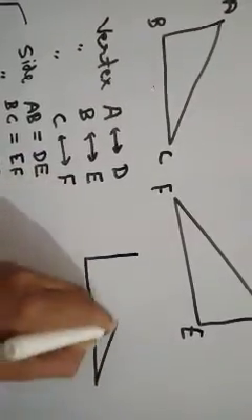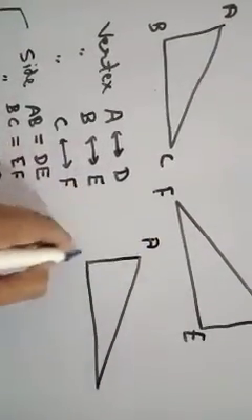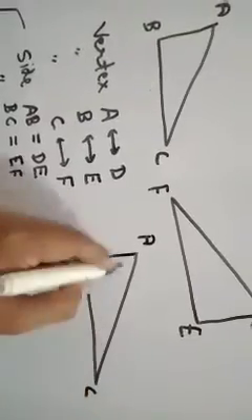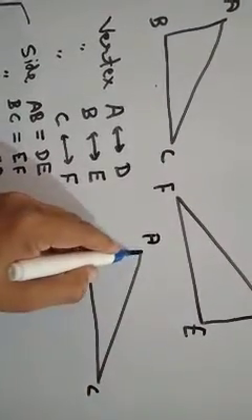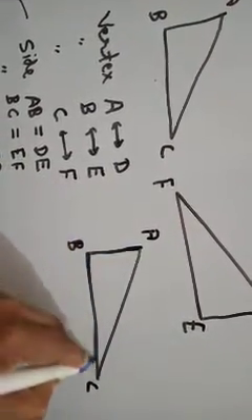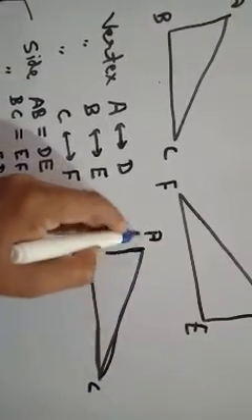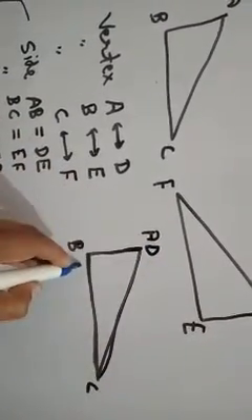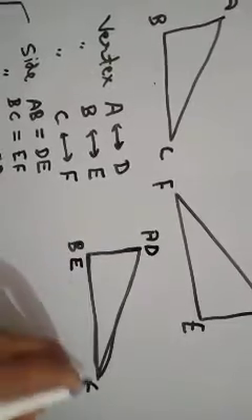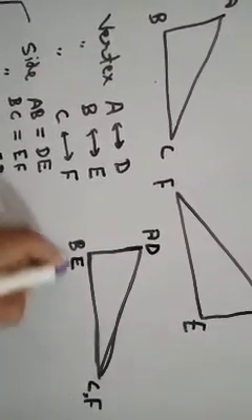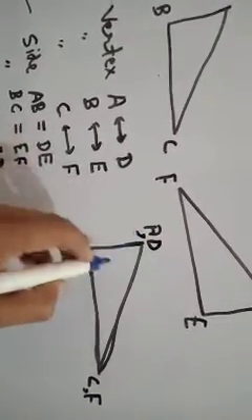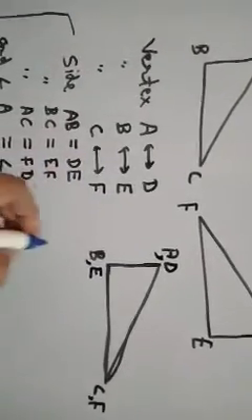ABC overlapping triangle DEF. So these two triangles are congruent to each other.